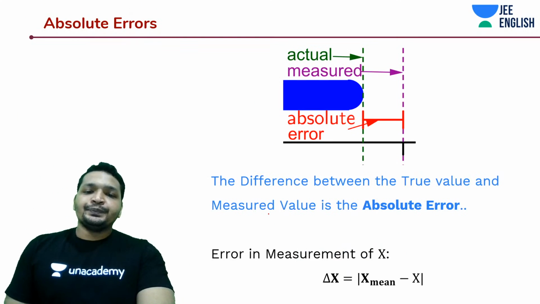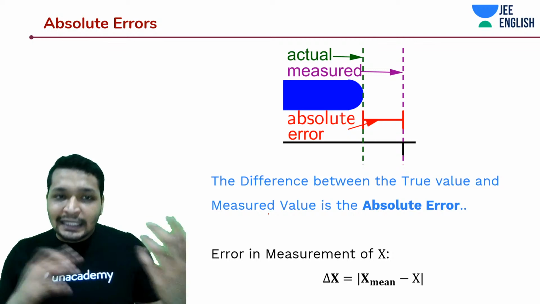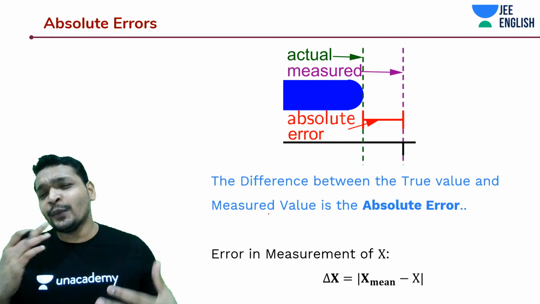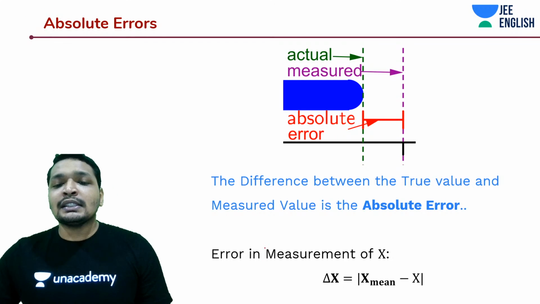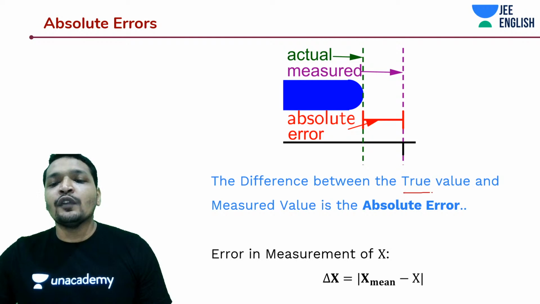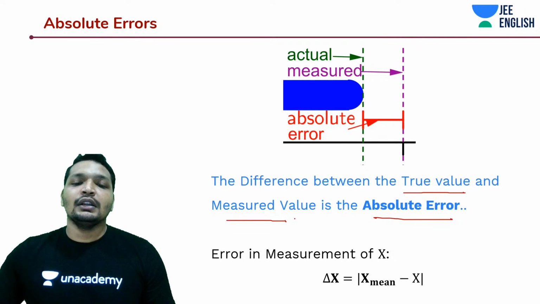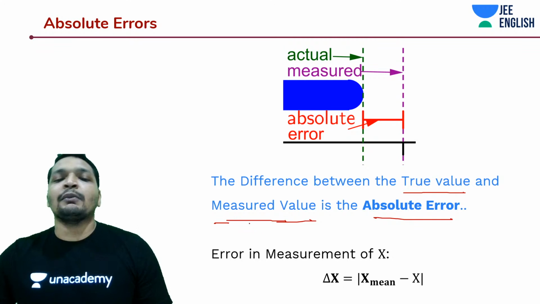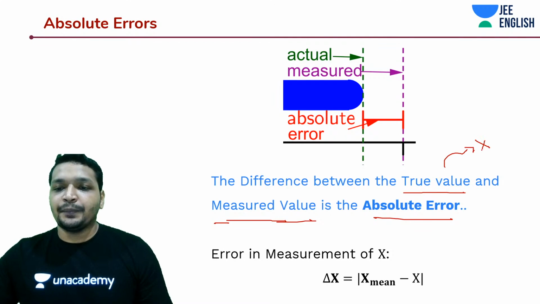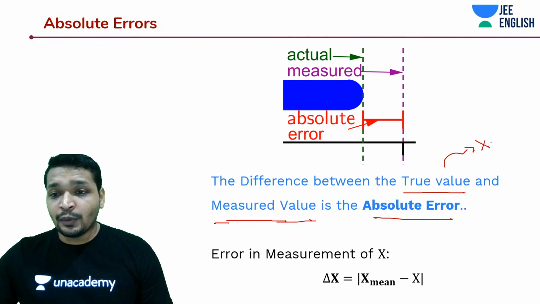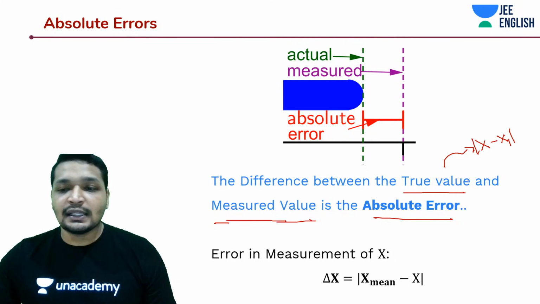This is how you measure a true value. And when I talk about the true value, that means every measurement has some deviation from that actual value, the true value or the average value that we measure. We call this difference between the true value and the measured value the absolute error. If the mean of the values is x and my measurement is x1, then the error is x minus x1.